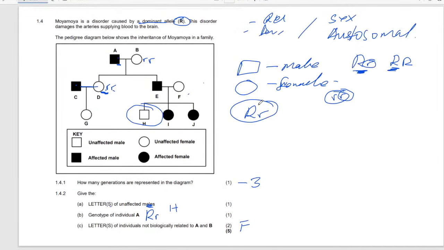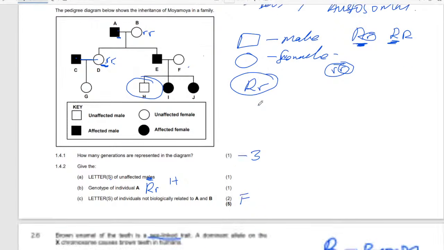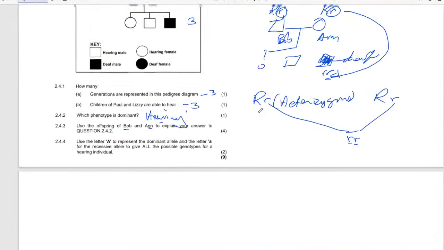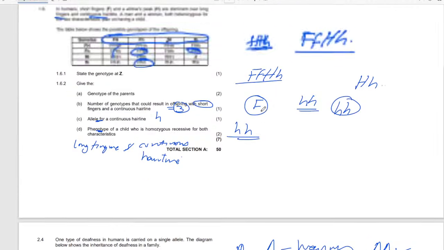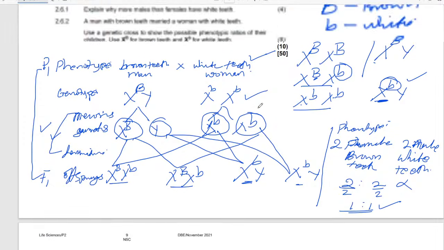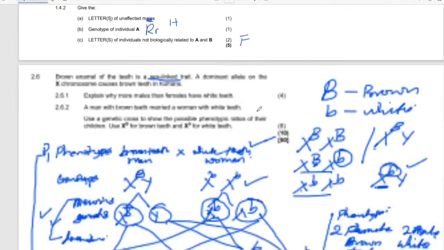We have seen questions on the dominant allele and recessive allele. I'm going to link this PDF in the description below. You just have to download it, and then you can use it.